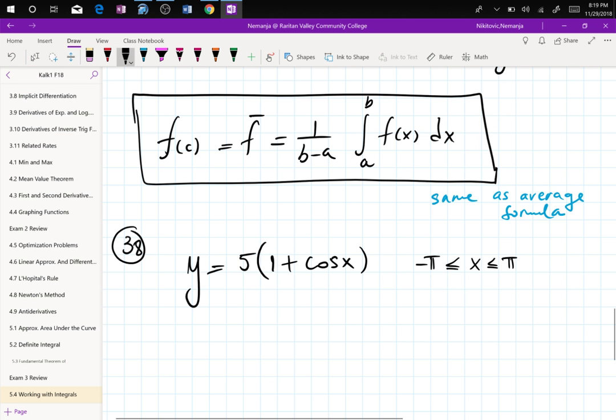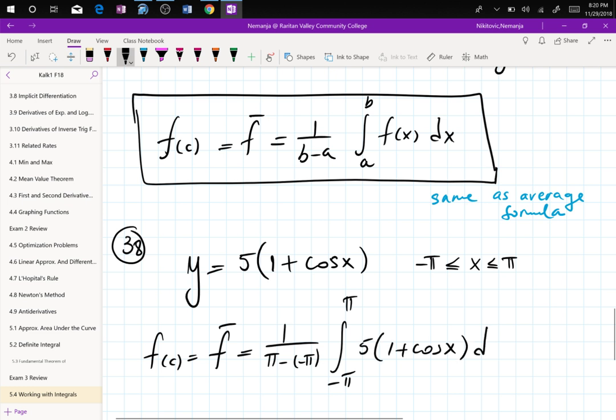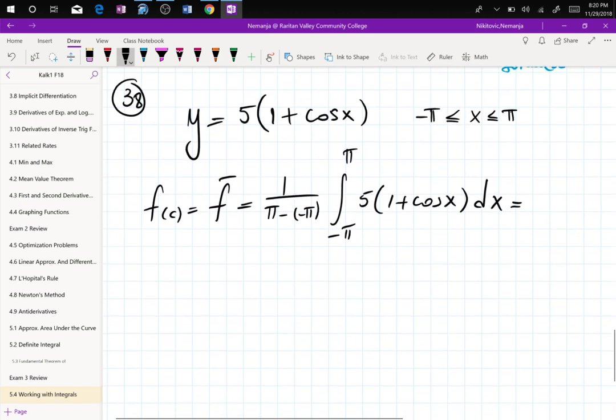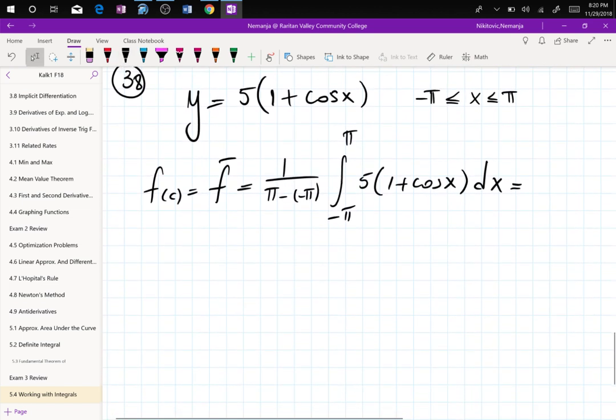Well, we integrate quickly. Our f of c is f bar, which is 1 over pi minus negative pi, integral from negative pi to pi of 5 times 1 plus cosine x dx. And the cool thing is that we can use our quality of life improvement formulas. I have 1 over 2 pi, because pi plus pi.